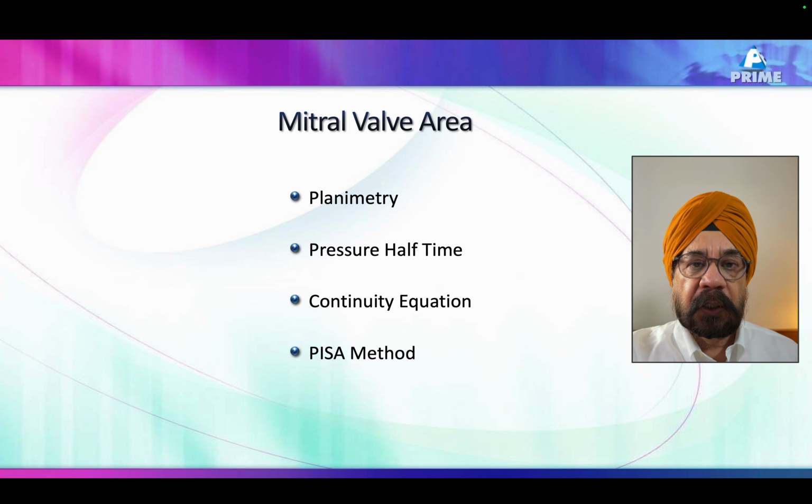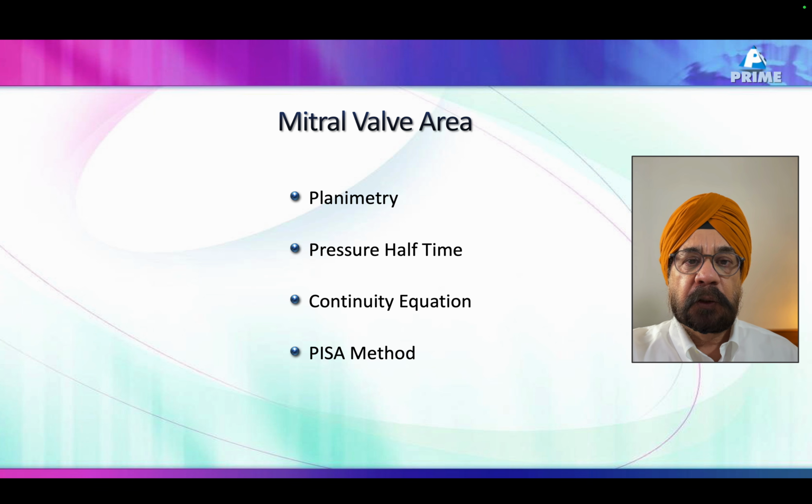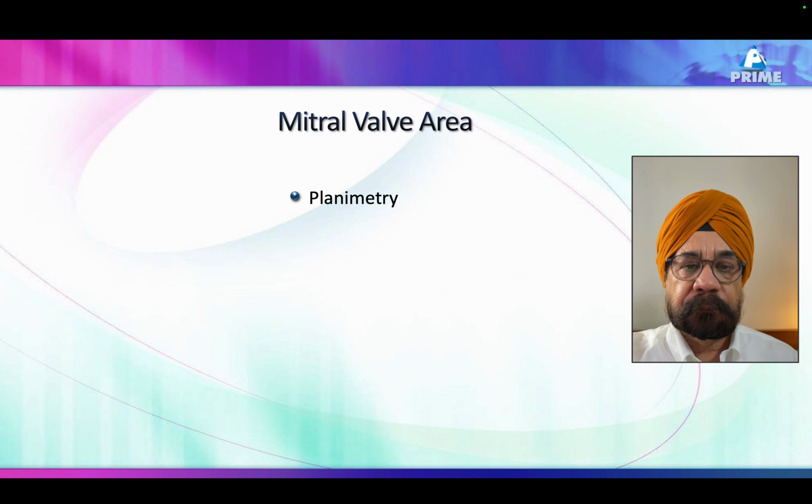Then how do you judge the severity of mitral stenosis based on the mitral valve area? What are the methods to calculate mitral valve area? There are 4 methods: the planimetry method, the method of pressure half time, the method of continuity equation, and the uncommonly used PISA method.